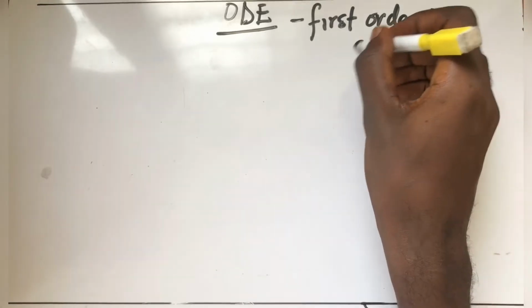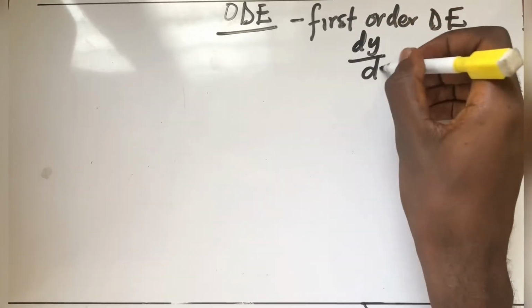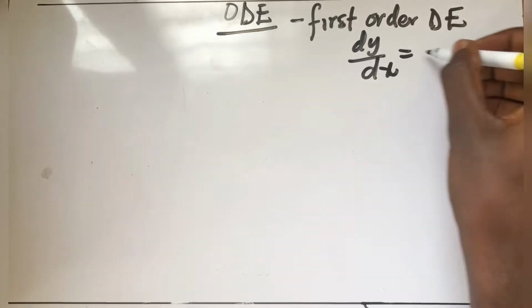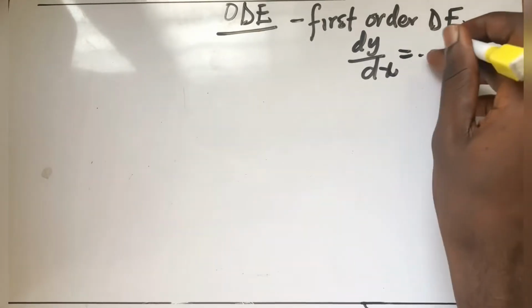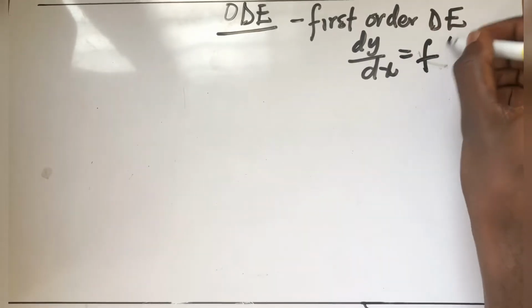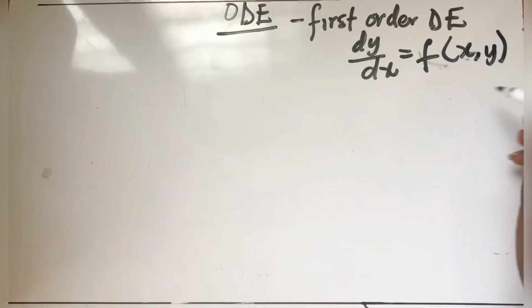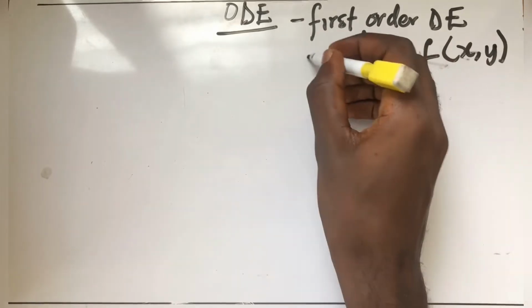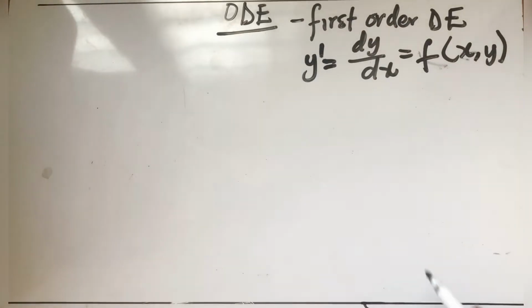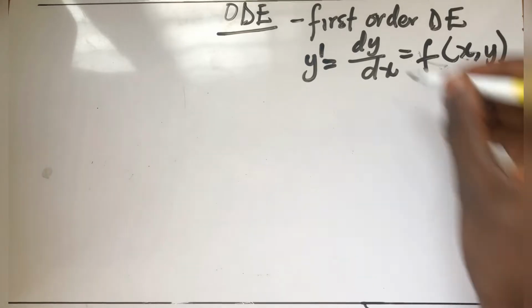That's where we have only dy, dx, with other variables. So we have maybe dy dx and then y and x variables, meaning that this is the same as y prime. This is what we refer to as an ordinary differential equation, that's only the first order.